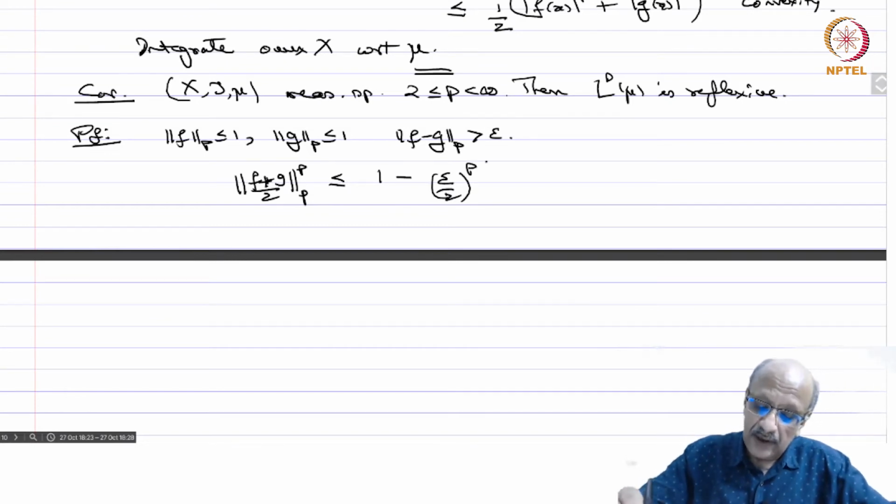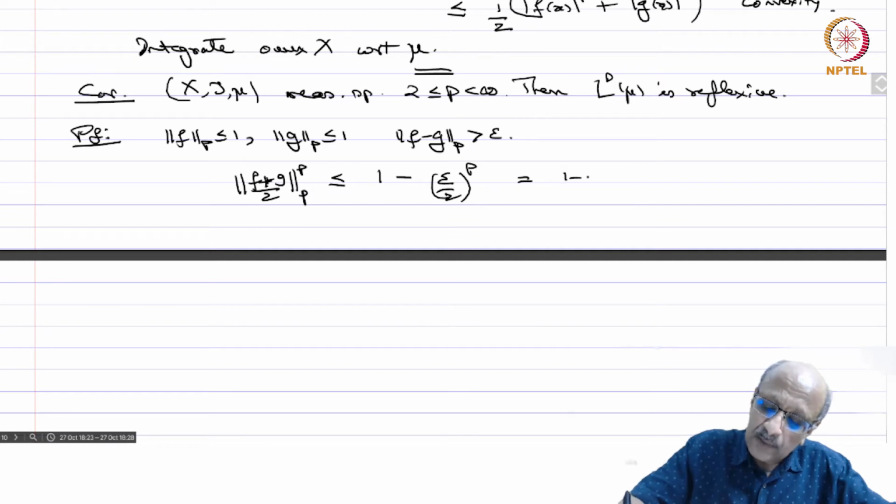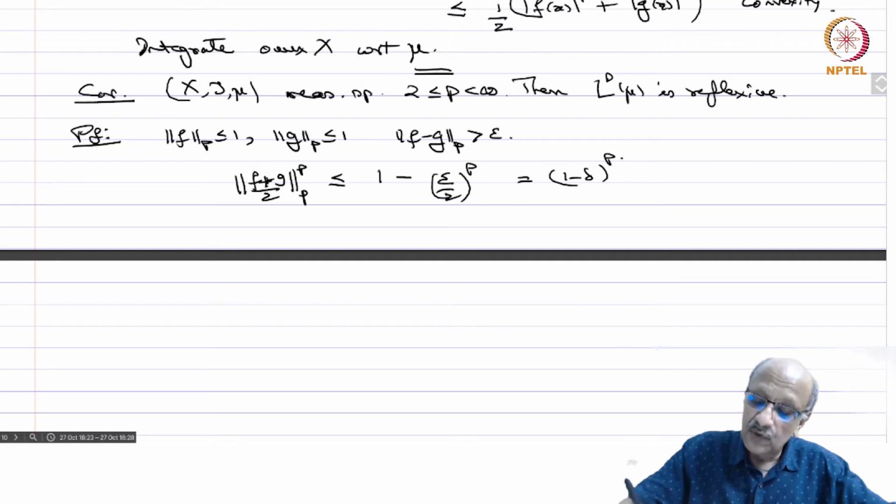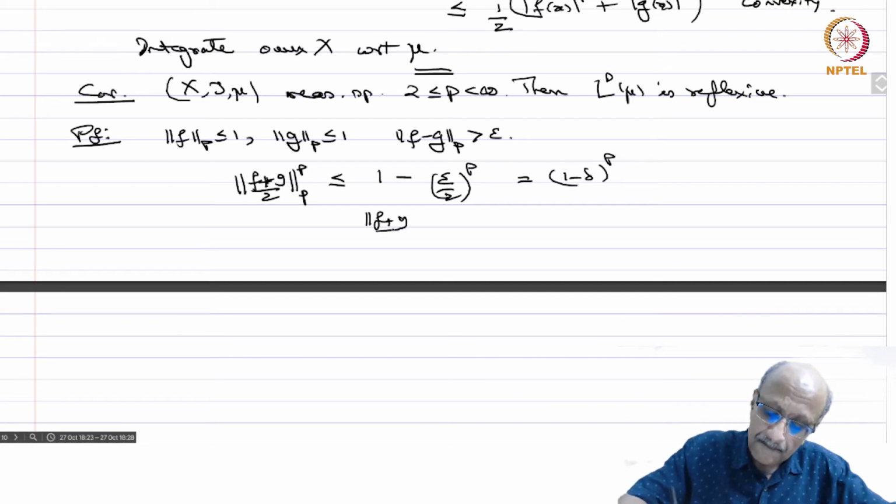To the power p. Okay, so you can write this as (1 minus delta) whole power p, where you can compute what should be delta in view of this. You can write this like this, and therefore you get that norm of (f plus g)/2 in p is less than 1 minus delta.